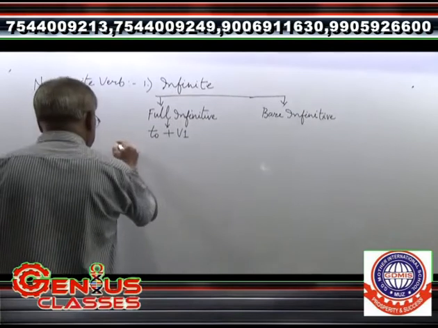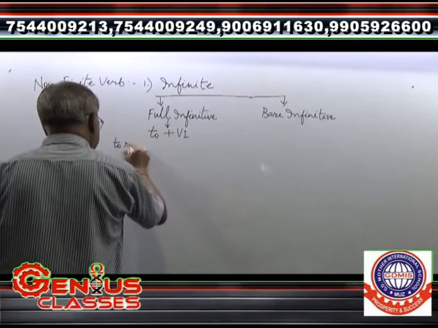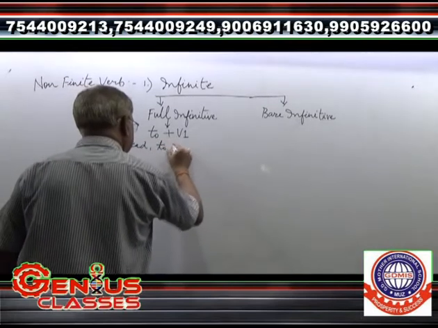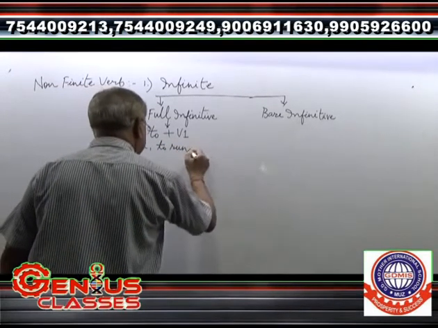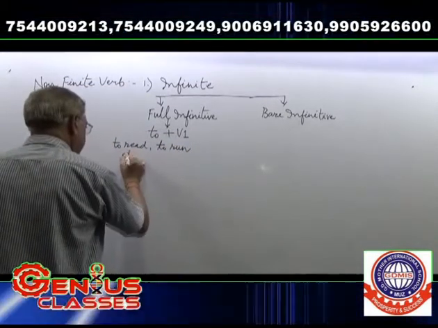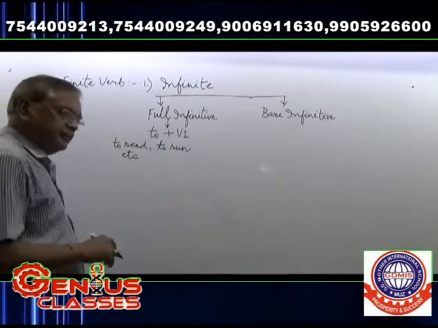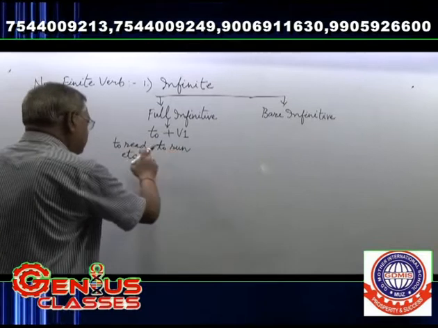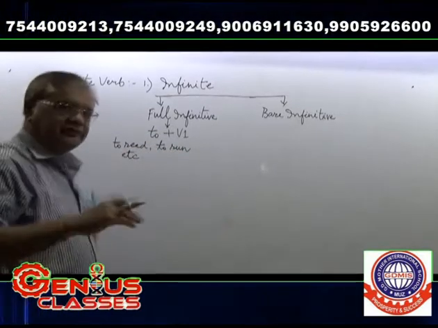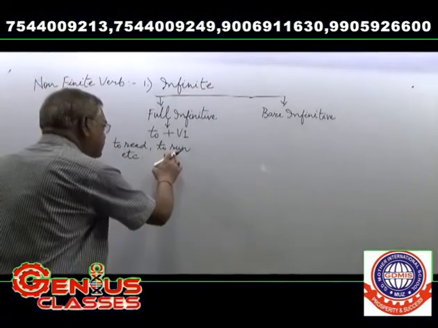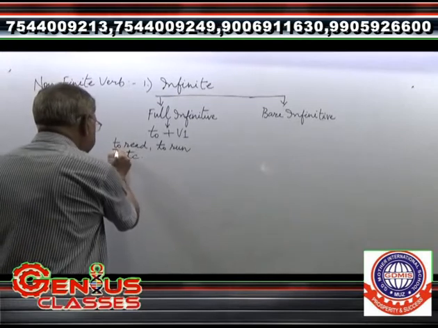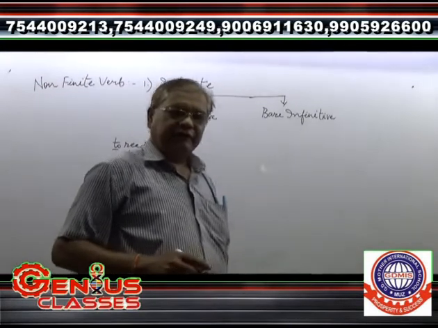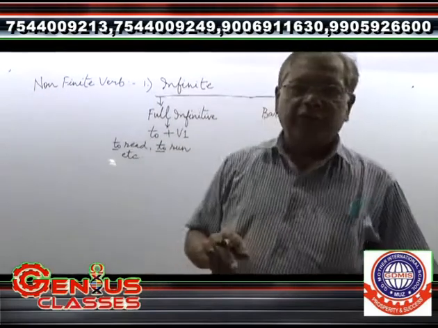Examples are to read, to run. Read and run are action words, that is, verbs. So before the verb, the word to should be added, and that is called the full infinitive.